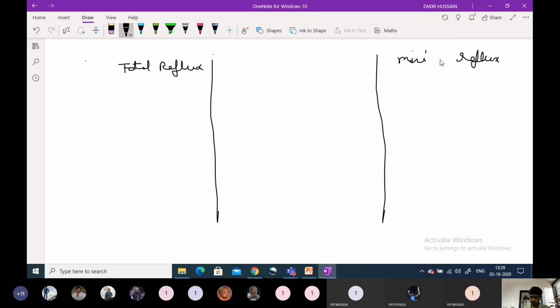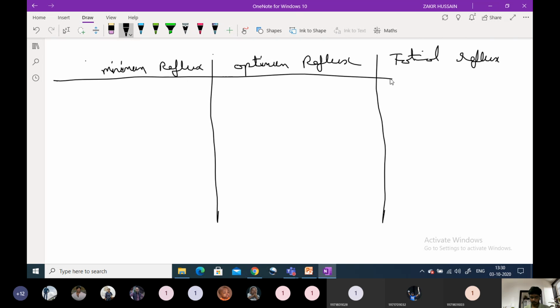We will go from minimum to maximum. You can consider this total or infinite reflux, and this is minimum reflux. So in between will be the optimum reflux. How to fix this optimum reflux, we are going to study.